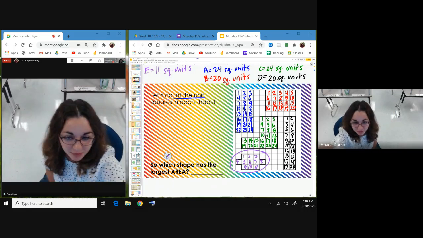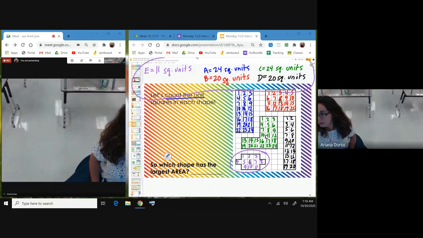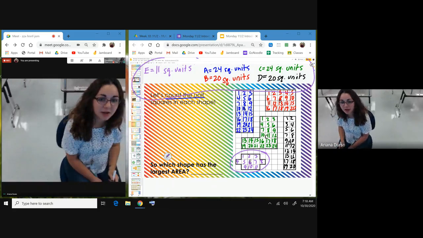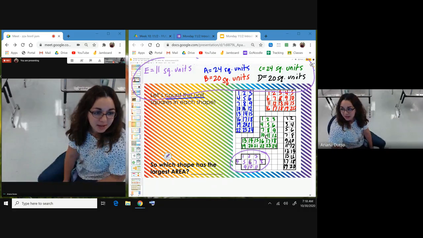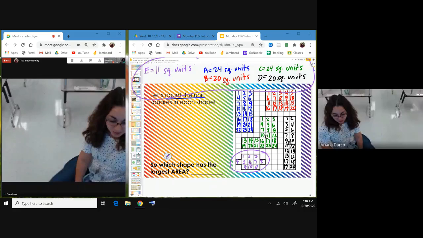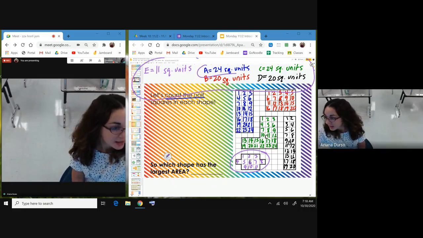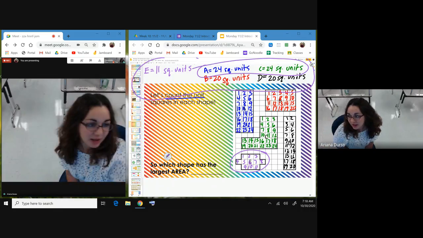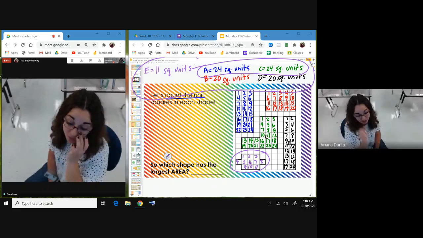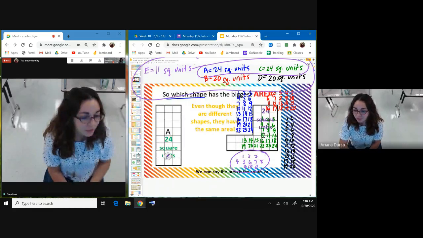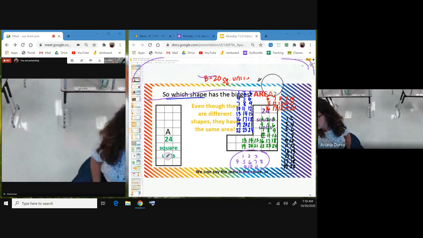So take a look at these numbers again. Which shape had the greatest area? Looks like we have a tie. A and C. They both had an area of 24 square units.